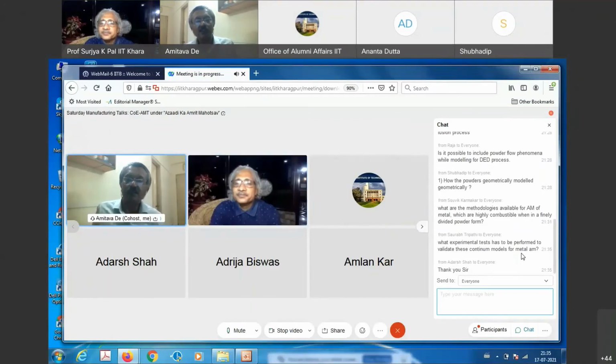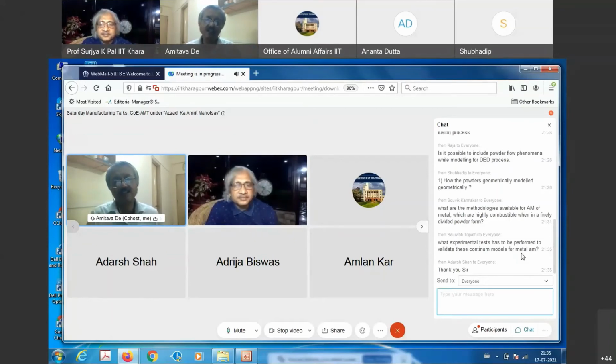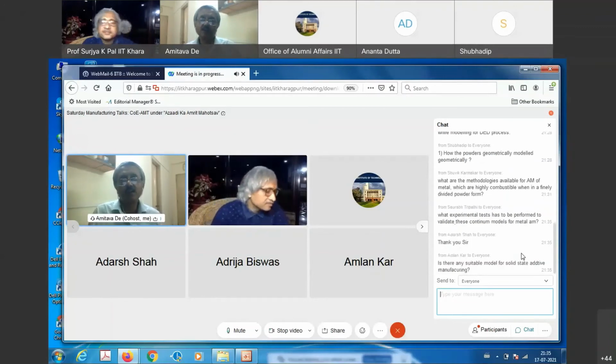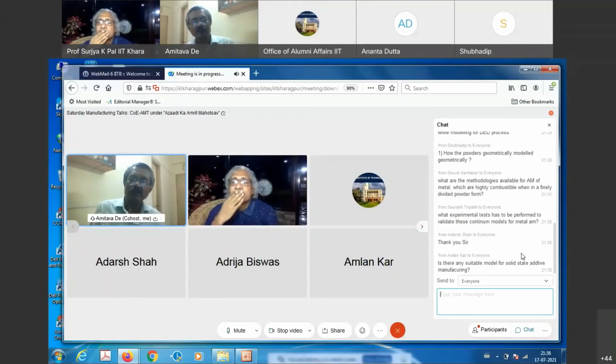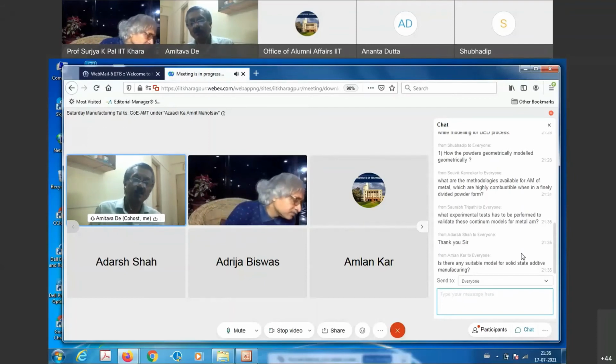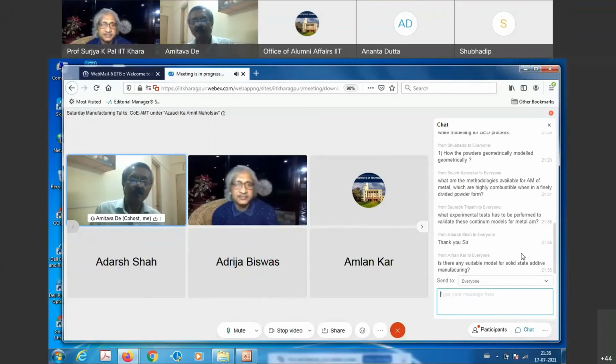Such porosities can be modeled if they are large. But in case we are talking of very fine porosity because of gas entrapment, many of these have to be modeled based on certain scaling analysis, which would get feed from the thermal model: what is the peak temperature, how fast is the cooling rate, what is the aspect ratio of the molten pool. Many of these would perhaps give an idea.